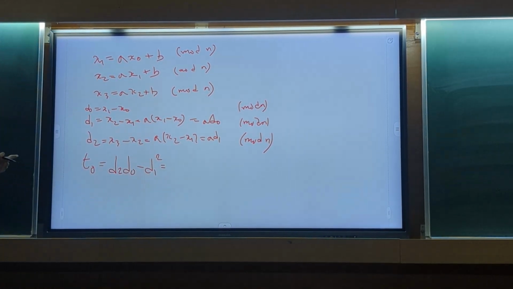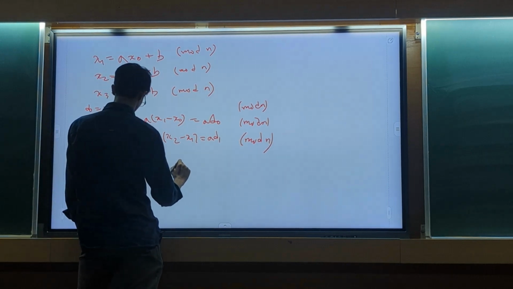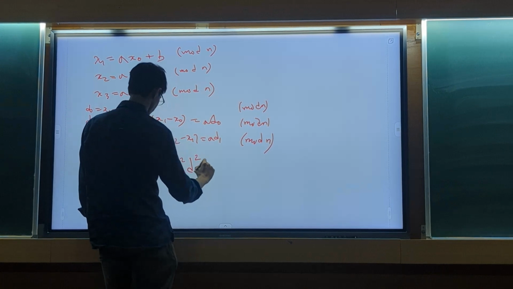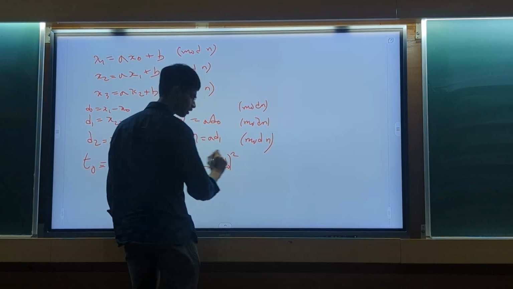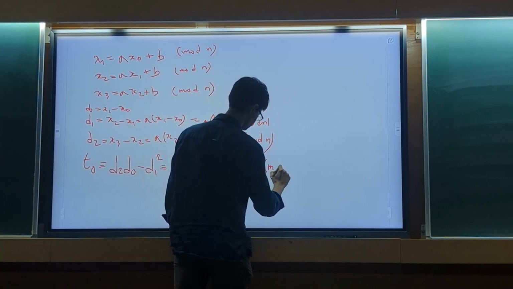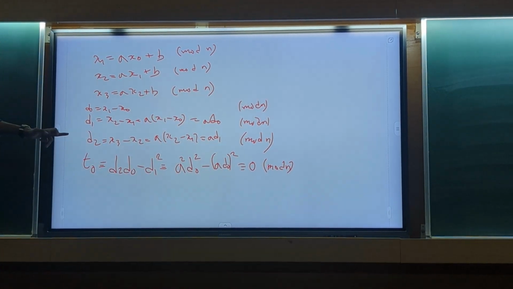What is d2 d0 minus d1 squared going to be? It is going to be a squared d0 squared minus (a d0) whole squared. Right? So this is congruent to 0 modulo n. So this gives me t0, which is congruent to 0 modulo n.